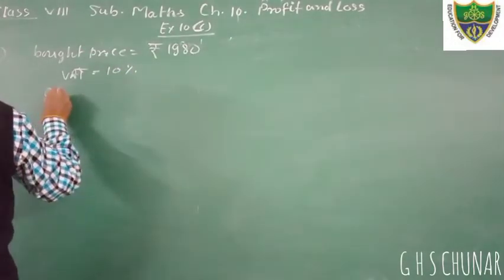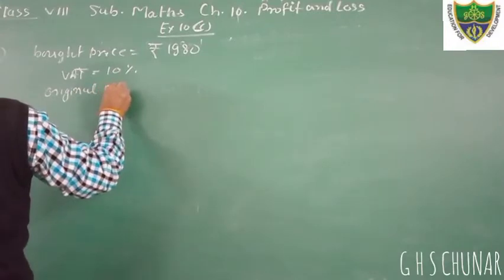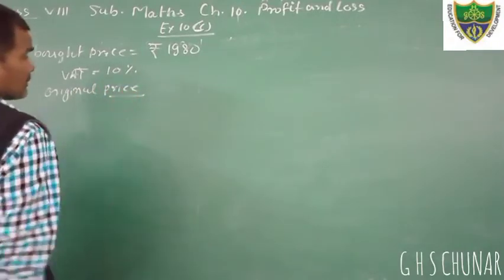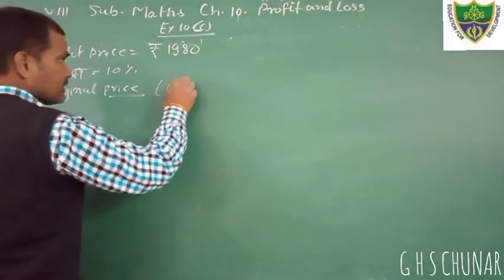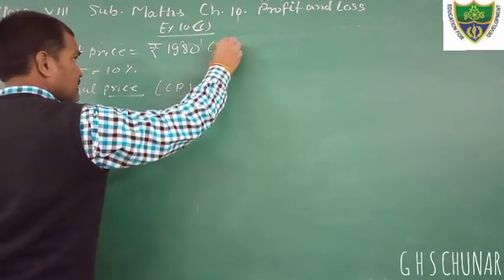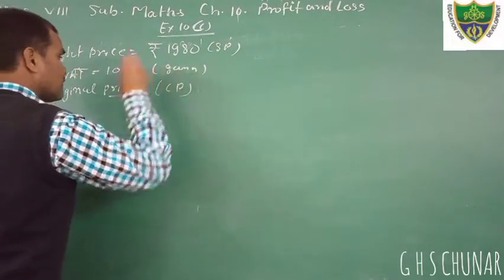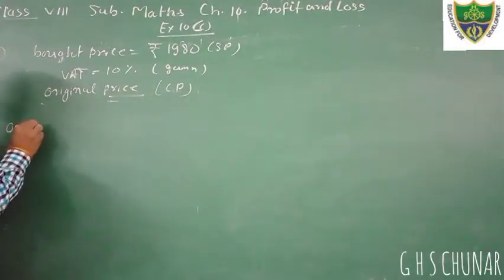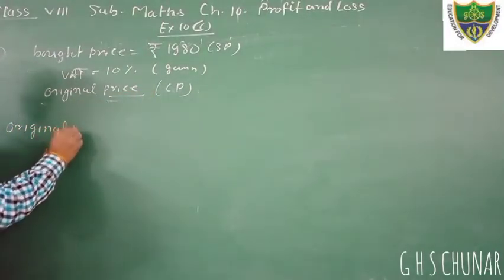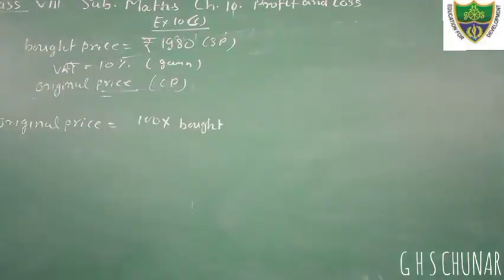Then what is the original price? In the case of SP and CP, you know that the original price is the CP, the bought price is the SP, and VAT is the gain. So we use that formula to find the CP.